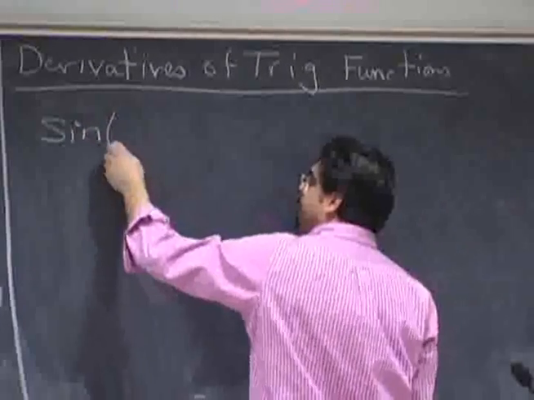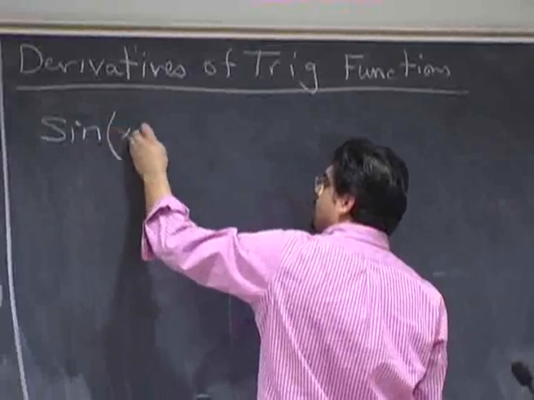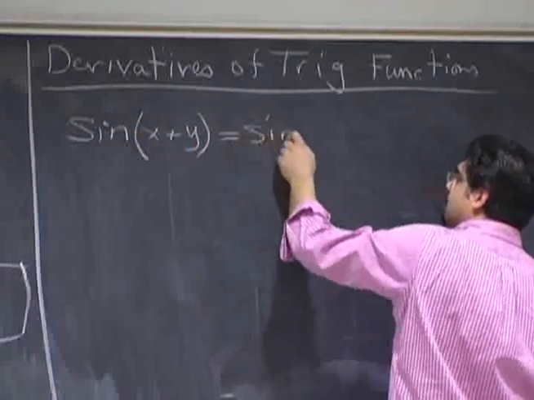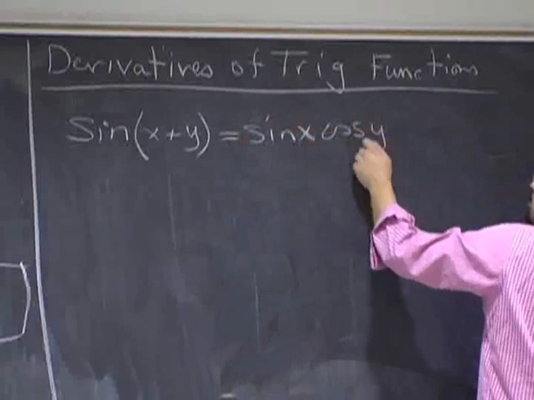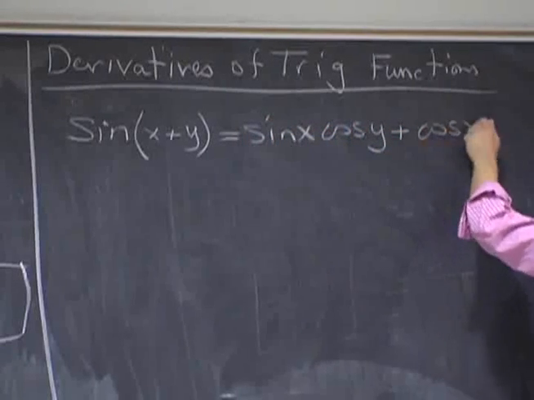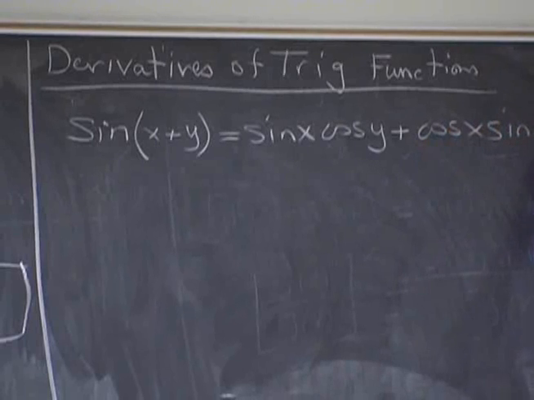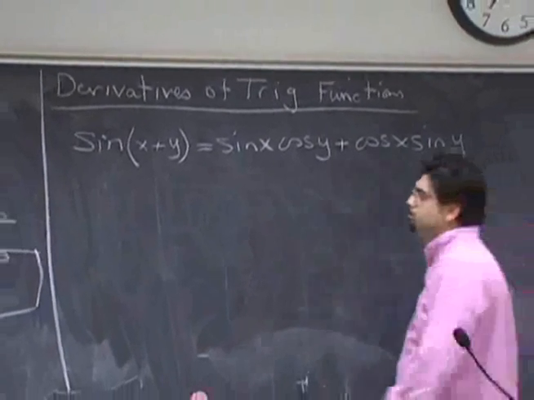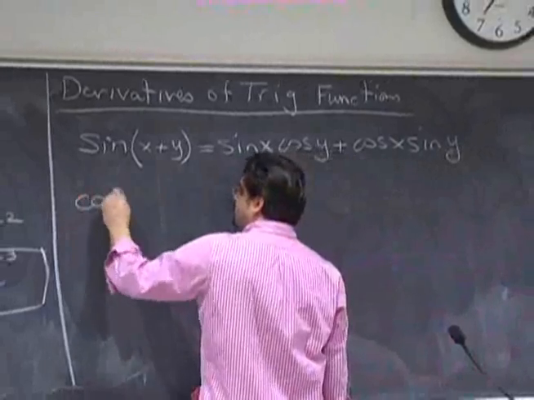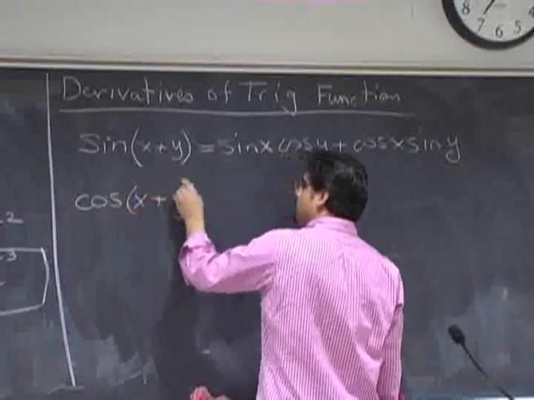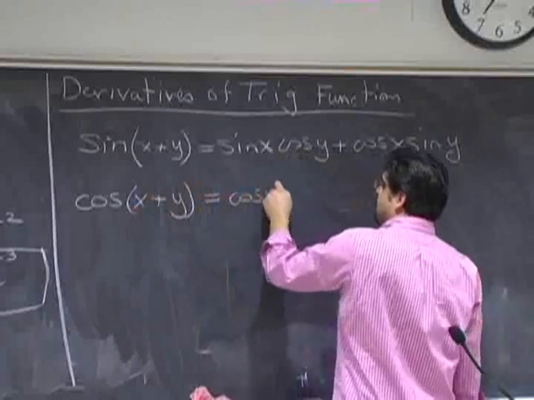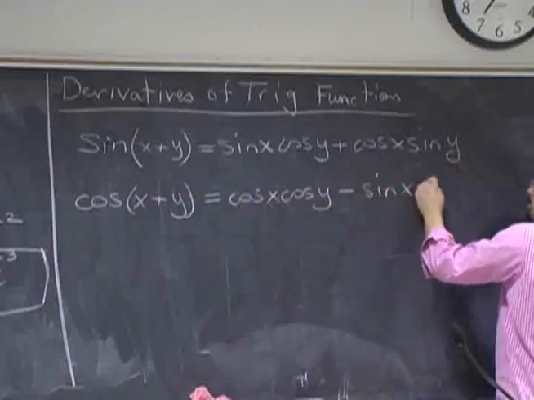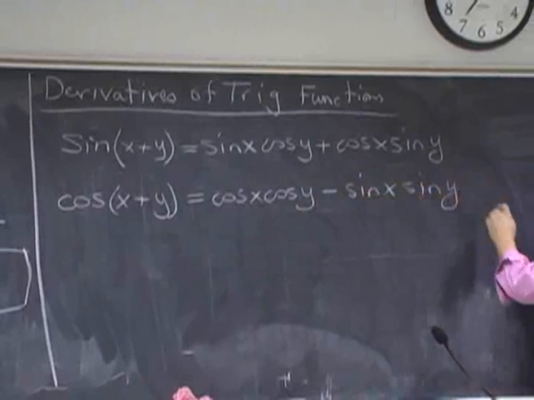Sine of x plus y is sine x cosine y plus cosine x sine y. Is that right? And then cosine of x plus y is cosine x cosine y minus sine x sine y.